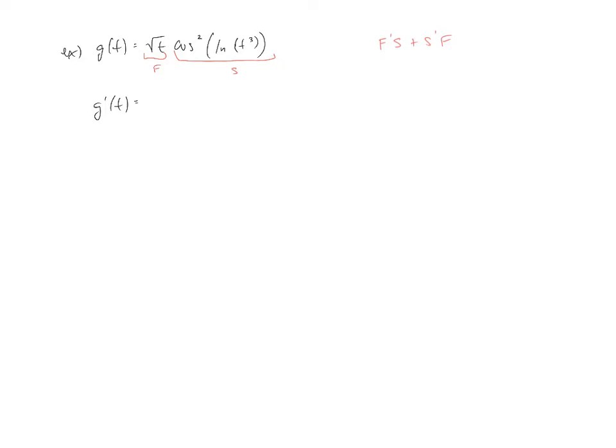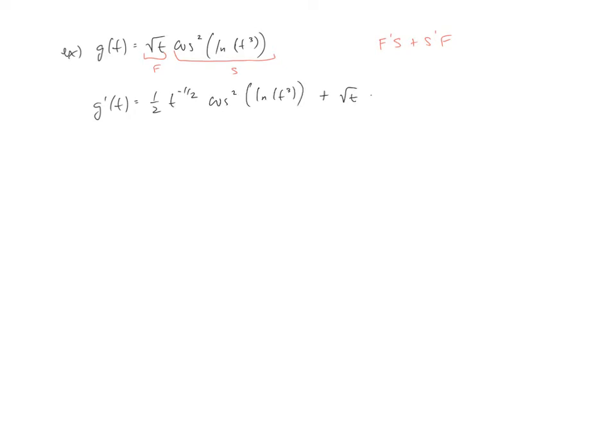So derivative of that first would be the 1/2 t to the negative 1/2, times the second, which would be our cosine squared of natural log of t cubed, and then plus derivative of the second times the first. I'm going to go ahead and copy down that square root of t so I don't forget about it. And so now I can completely focus on the derivative of that second.